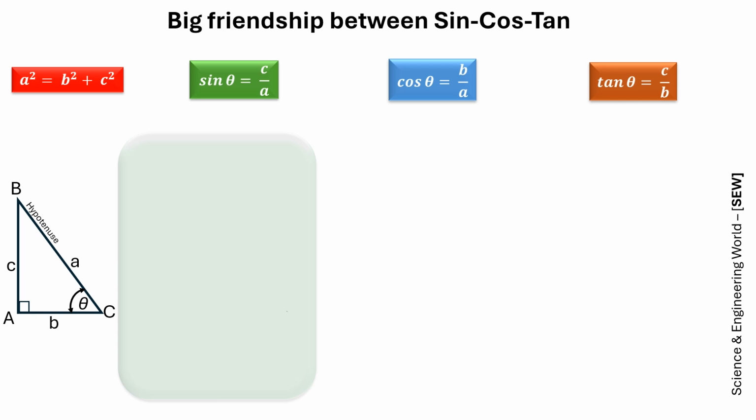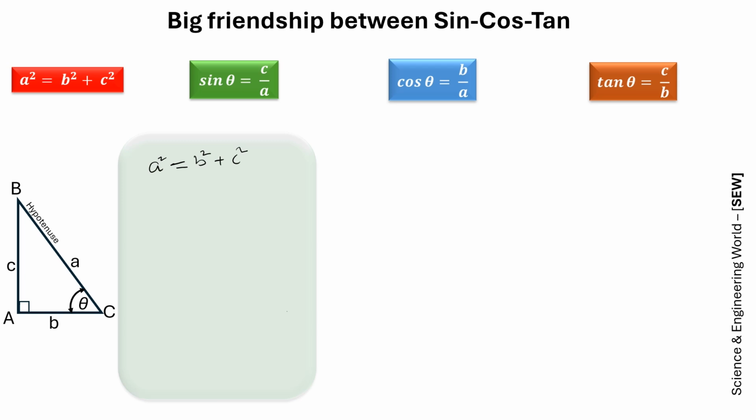Number one, we've talked about the Pythagoras theorem, and so we have a squared equals b squared plus c squared. So what if we divide this expression by a squared? That's the first term there.